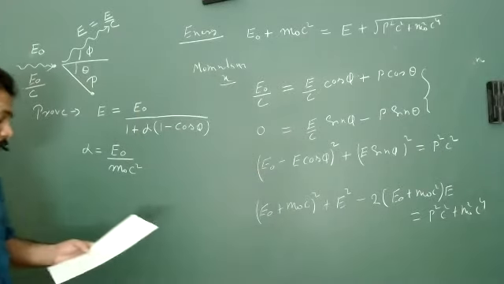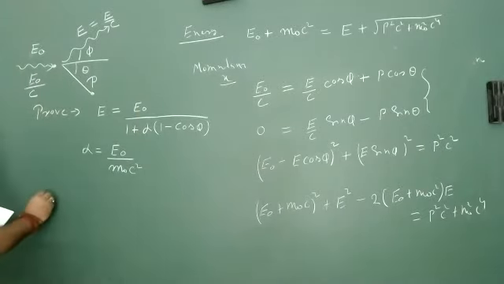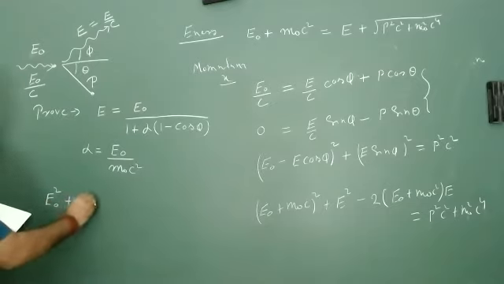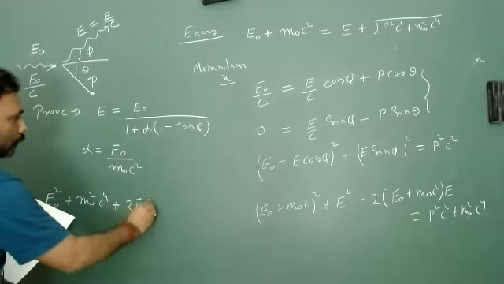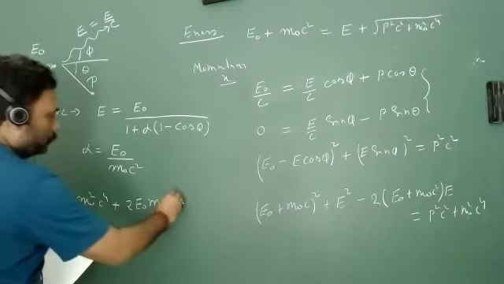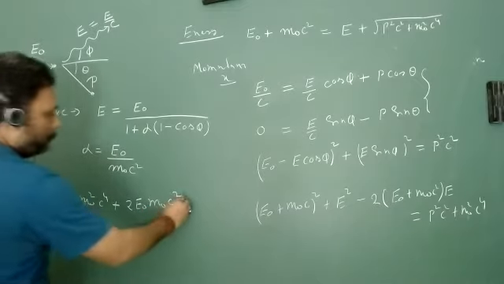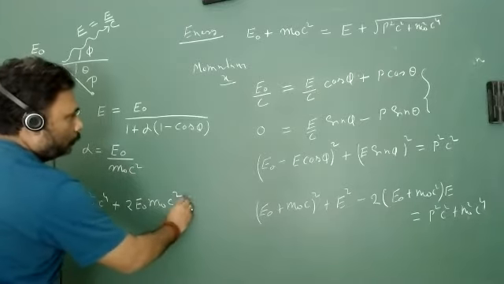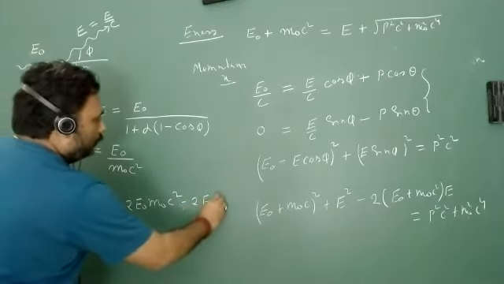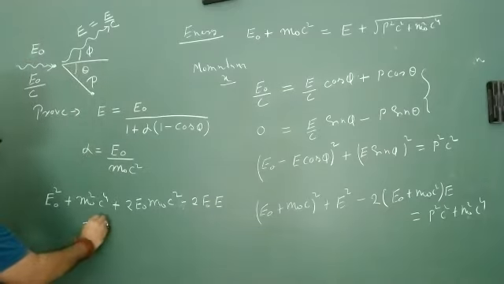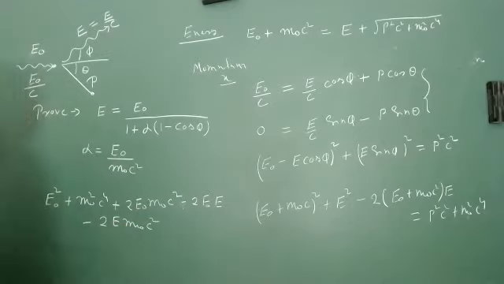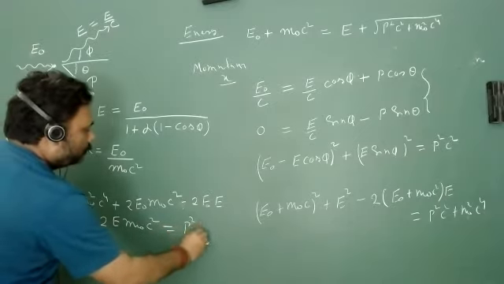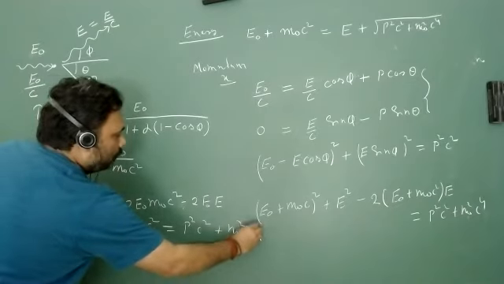Once you open it, you will get E naught square plus m naught square c to the fourth plus 2 E naught m naught c square, minus 2 E naught E, minus 2 E m naught c square, must be equal to P square c square plus m naught square c to the fourth.